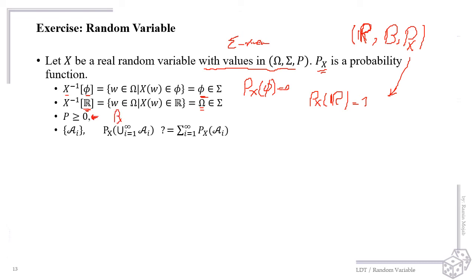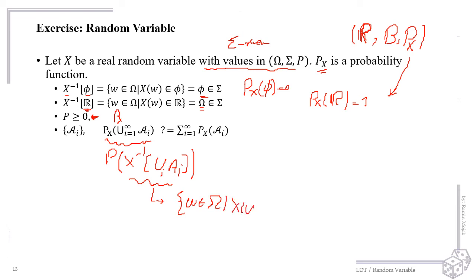For the last axiom, you should show that this equality is satisfied. This part is P of the preimage of this union under X, and this preimage is the set of w in omega such that X of w is in this union.